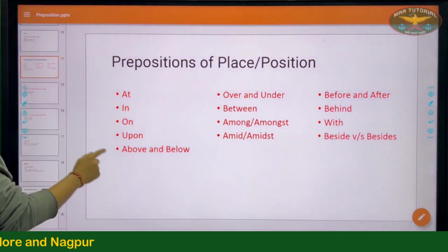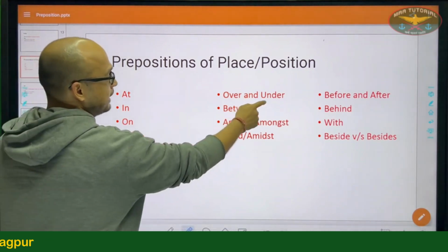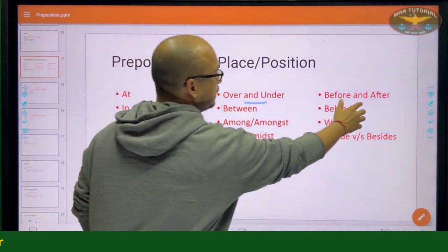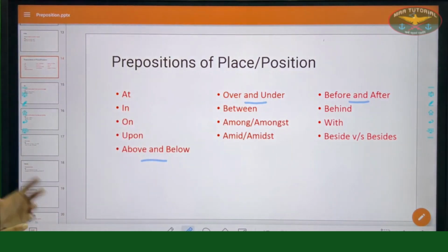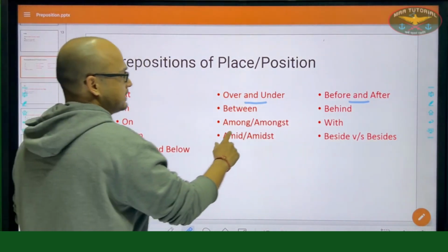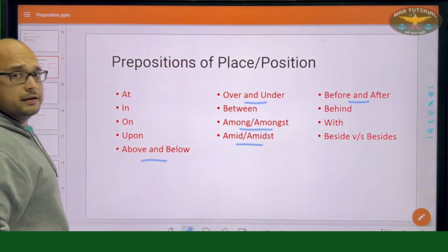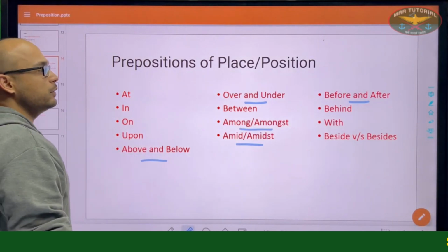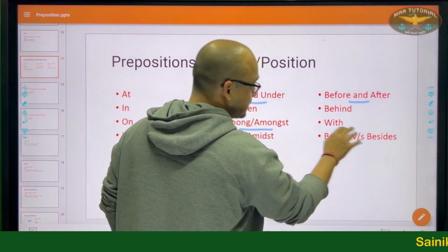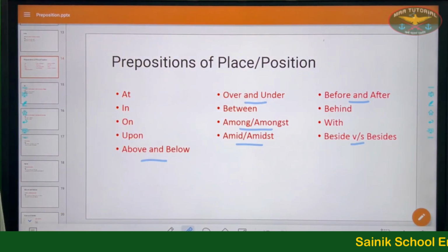You'll remember I've written above and below, over and under, before and after together, because they were pretty much opposites of each other. They were contrary to each other, used against each other. Among and amongst, amid and amidst, they mean the same. That is why they have a forward slash in between them. And beside versus besides, because both of them mean completely different things but are often confused with each other.